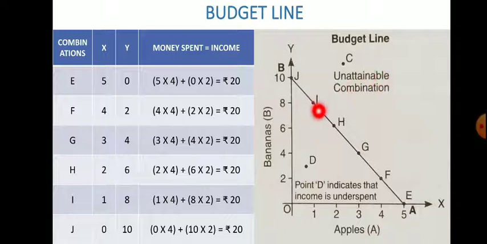As we can easily see, it is outside and far away from this budget line, so it is very costly and not affordable for the person. That is why whatever combination of x and y we get here is unattainable for this consumer.